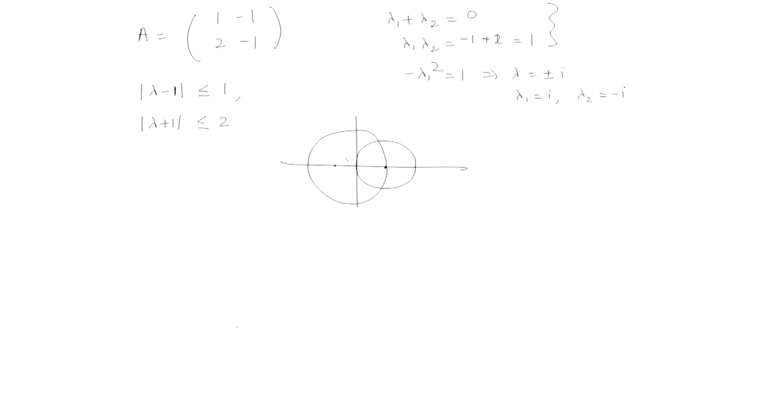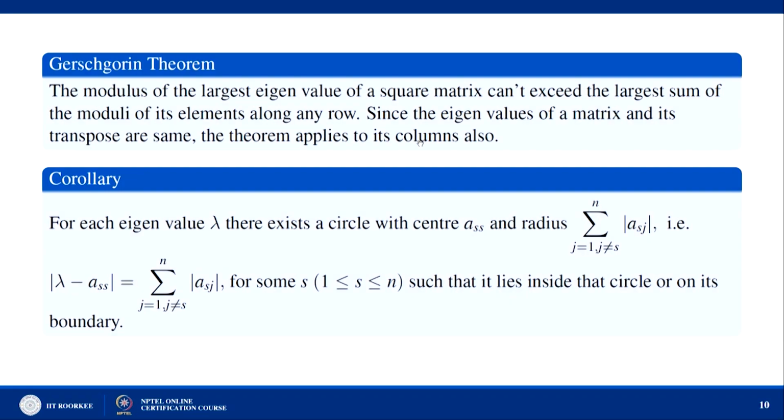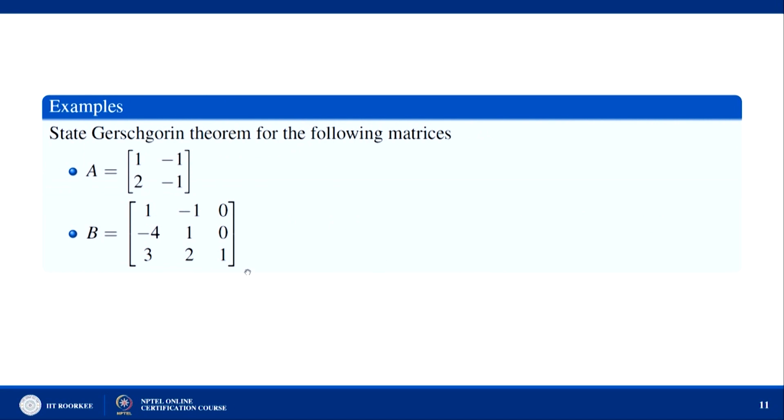Now, when you see the first lambda, which is iota, its modulus is 1, so it is inside the second circle, and the other eigenvalue, its modulus is also 1, and it is also inside the second circle. So, this is what the theorem states: for each eigenvalue lambda there exists a center ass and a radius such that it lies inside the circle or on its boundary. So, the same theorem can also be verified on this example.